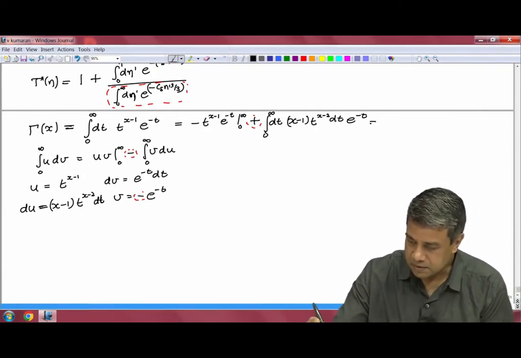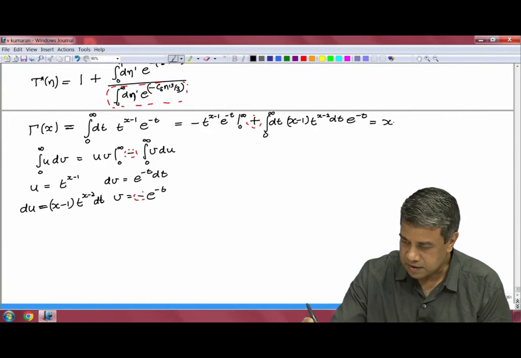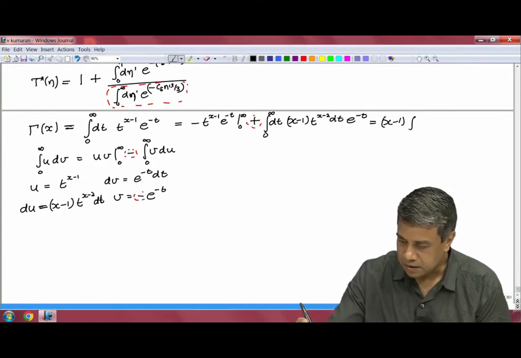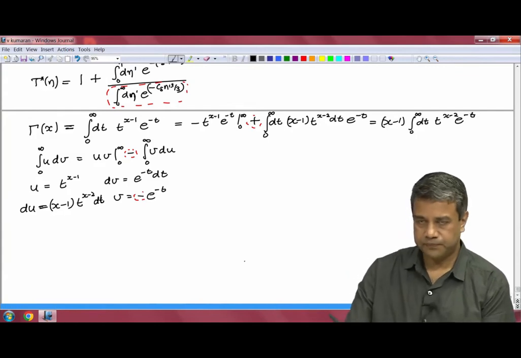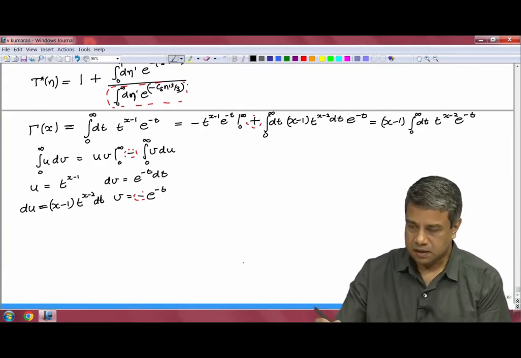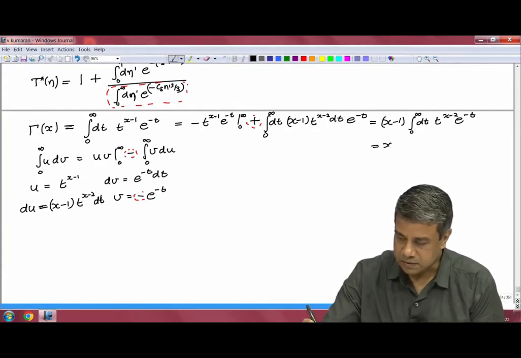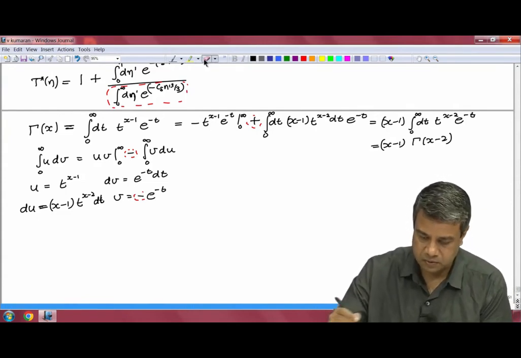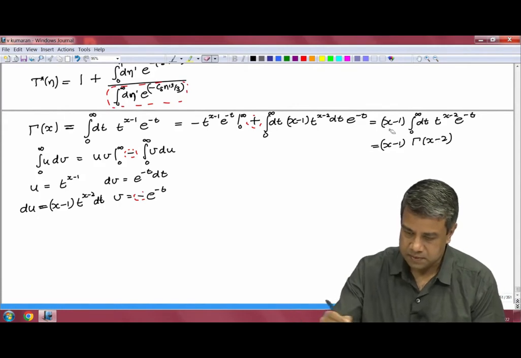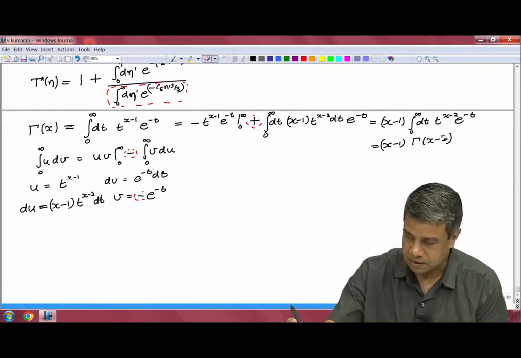So, this just becomes equal to the second term here, which is x minus 1 integral 0 to infinity dt t power x minus 2 e power minus t. And this entire term on the right side is just equal to x minus 1 times gamma of x minus 1. t power x minus 2 is gamma of x minus 1.